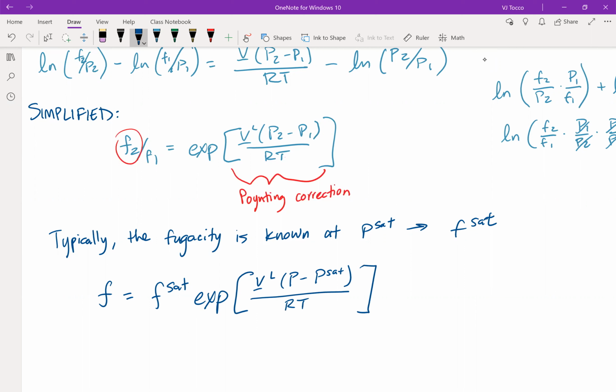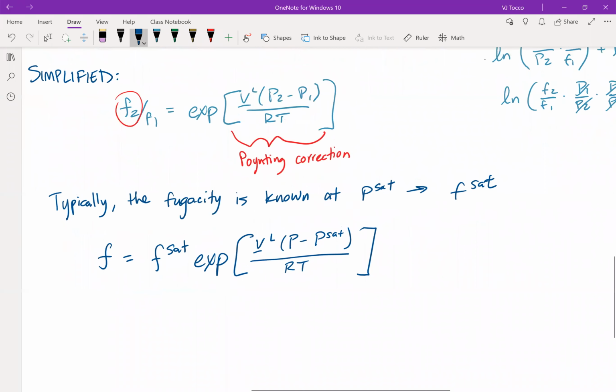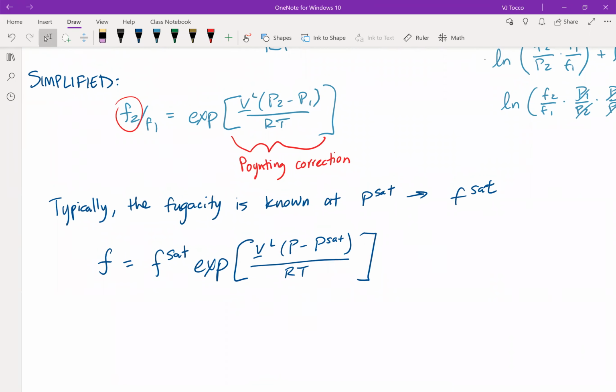All right, so it's important not to get these terms mixed up. Fsat is the fugacity of the liquid at the temperature and pressure of saturation. P is the pressure of interest. I'm going to write these things down. So P of interest.